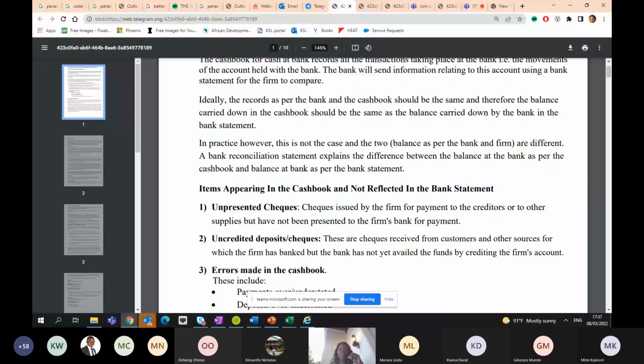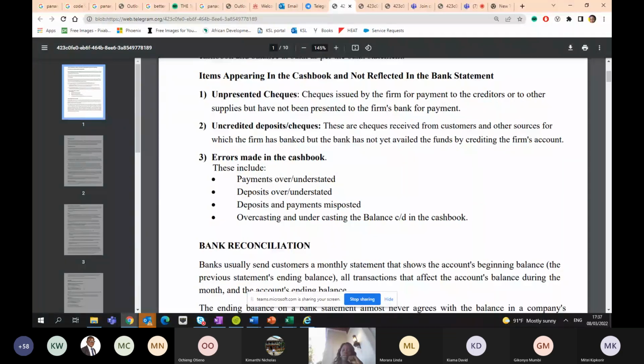Now, in order to do that, we need to understand why the numbers would not be the same. One reason is that many organizations, and even some individuals, give someone a check, or are given a check, and either the check hasn't been deposited in the bank, or it is uncredited.